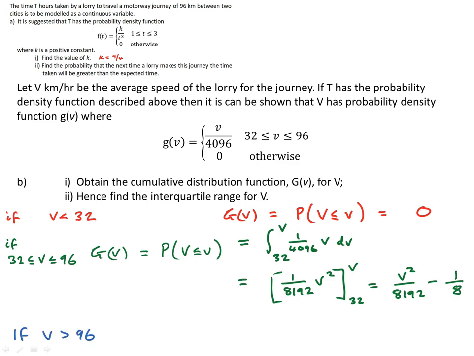And then, if little v is bigger than 96, then we know that the probability that the average speed is less than or equal to little v must be 1, because we know all the possible average speeds are less than 96.